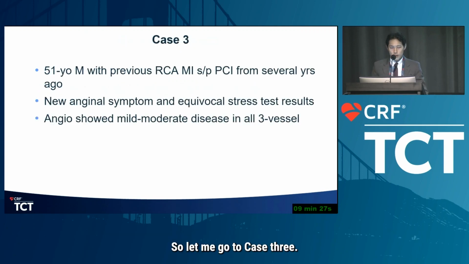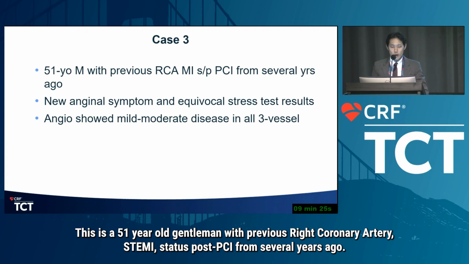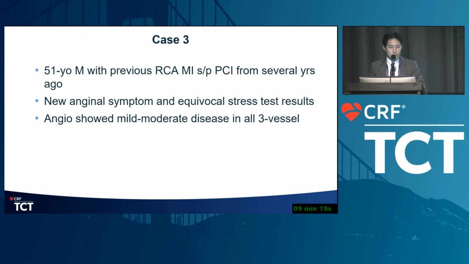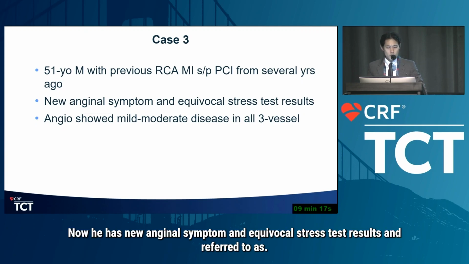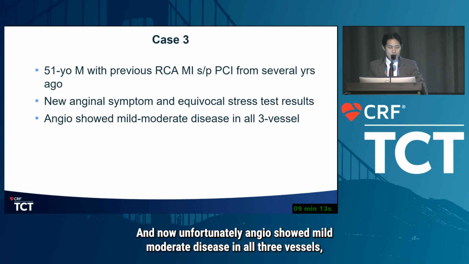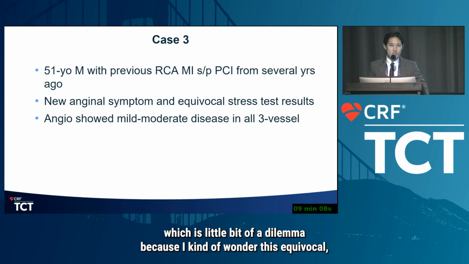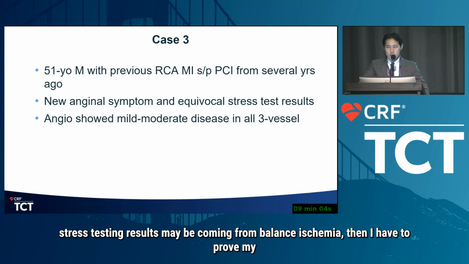So let me go to case 3. This is a 51-year-old gentleman with a previous right coronary artery STEMI, status post PCI several years ago. Now he has new angina symptoms and equivocal stress test results, and was referred to us. Unfortunately, the angio showed mild to moderate disease in all 3 vessels, which is a bit of a dilemma, because I wondered whether the equivocal stress testing results may be coming from balanced ischemia.